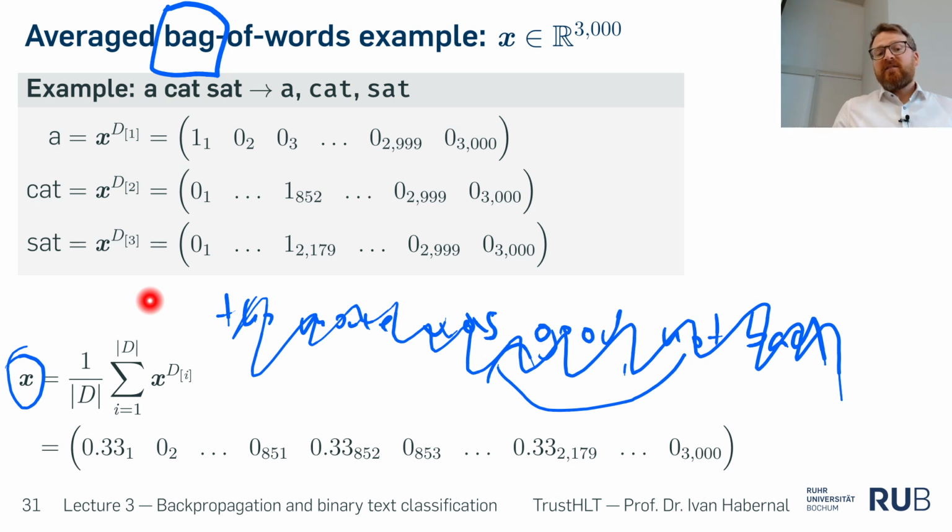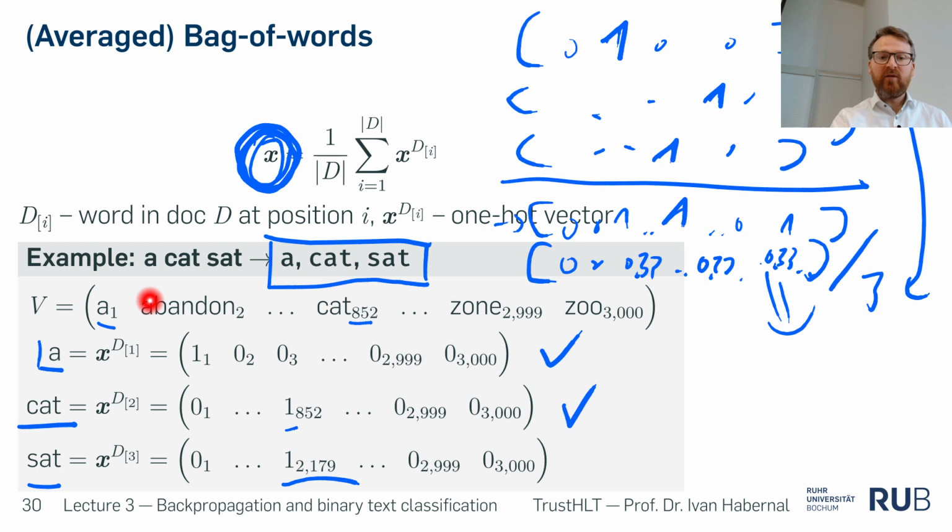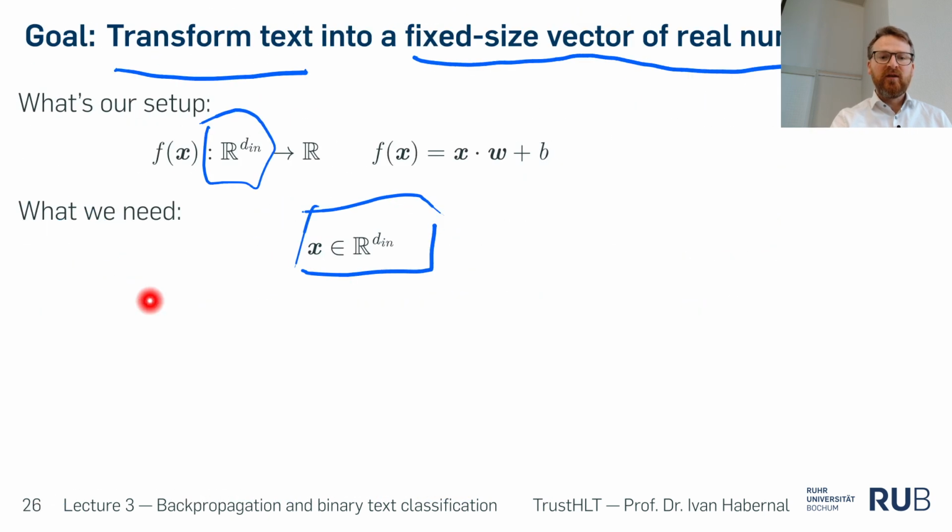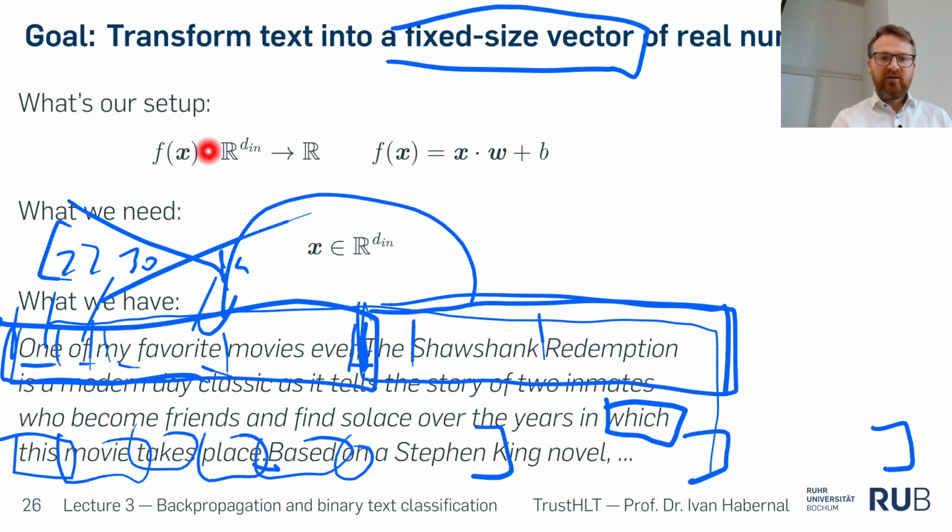But for some tasks, it could be very helpful. It's going to be a super baseline, good representation of text. The problem we're solving here is how to turn this text into the vector which is plugged into this function. Other questions? Good.